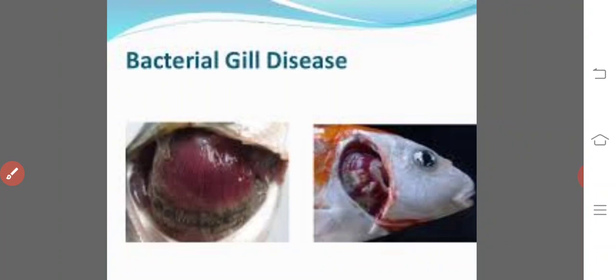And coming to the bacterial gill disease, this is caused by myxobacterium. Many bacteria are found in swollen gill lamella which show proliferation of the epithelium, and symptoms are lack of appetite and presence of excessive mucus on the gill filaments.